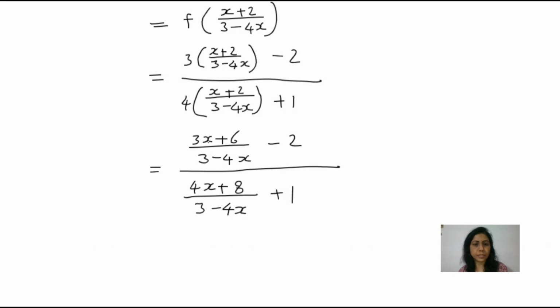We have to make the same denominator, so for that, here multiply and divide by 3 - 4x, and here also multiply and divide by 3 - 4x.